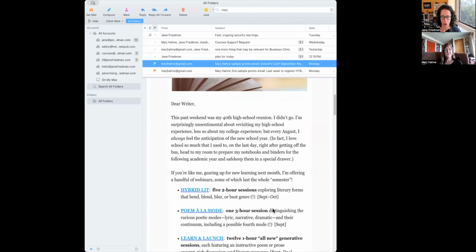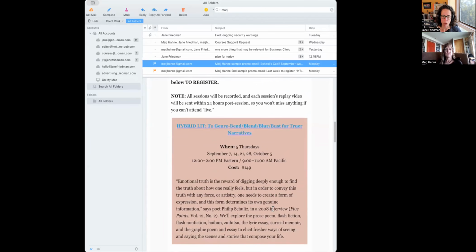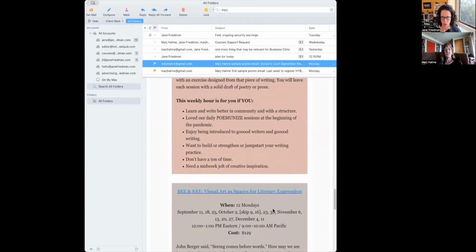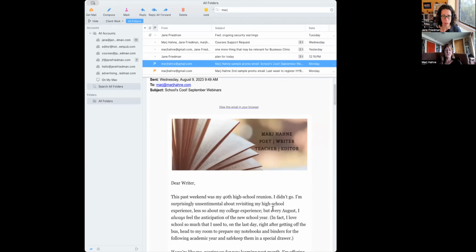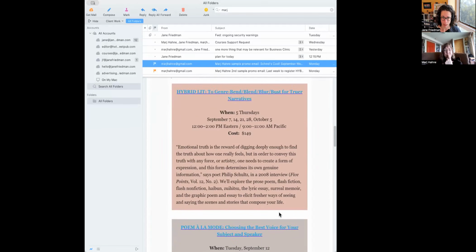And we've got a little opening note from Marj. And then we go into the sessions. So there's 1, 2, 3, 4. And I think by and large, these are doing the job that we need. The only concern I have really is about the readability of the linked titles here, because when they turn into links, the color changes.